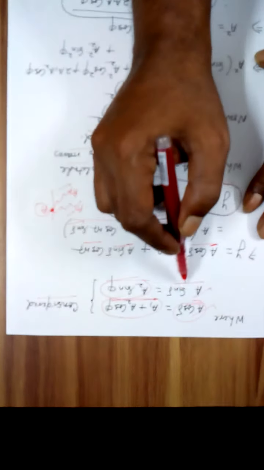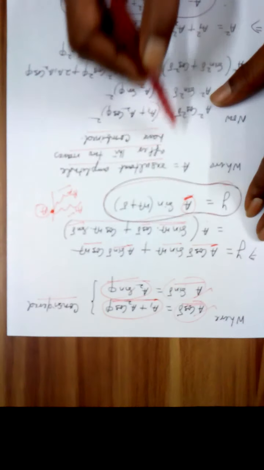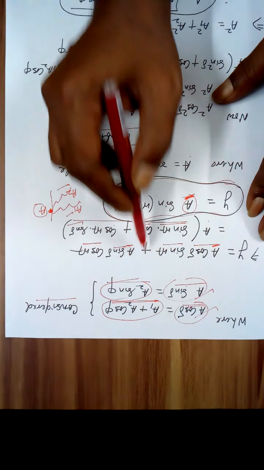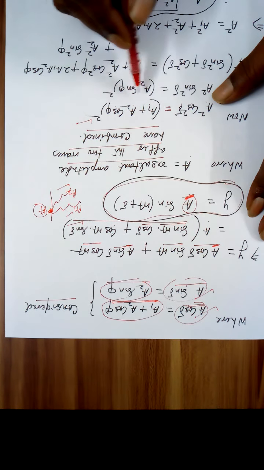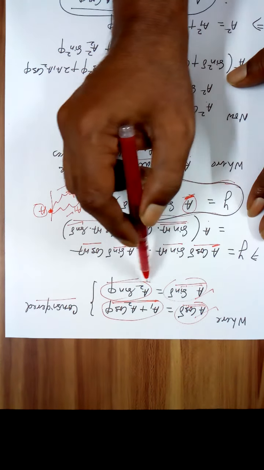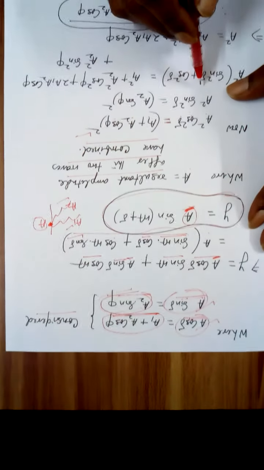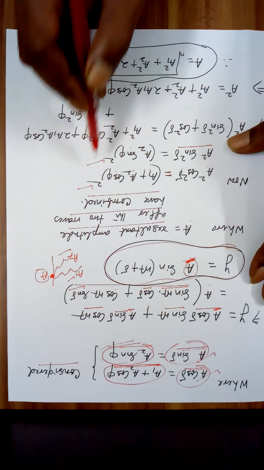Let us square this and add both of them. So squaring this, it becomes a square cos square delta t will be equal to the square of this, that is a1 plus a2 cos phi whole square. A sin delta t is this much, so a square sin square delta t is a2 sin phi whole square.